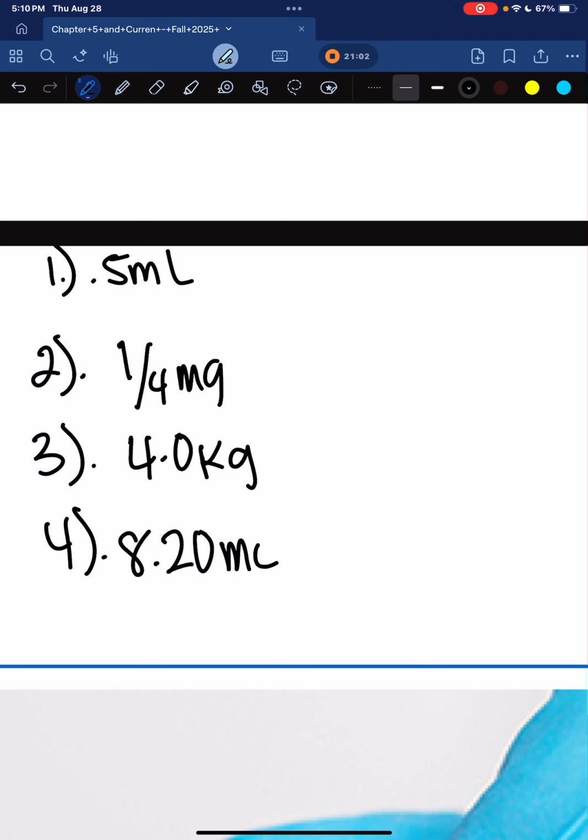Converting metric measures. So when we go from a larger to a smaller unit of measure, and you'll agree that micrograms are smaller than milligrams, there's a way that you can do the math to enter a conversion factor and divide it all out. Or you can take your little pencil and you can start playing move the decimal.